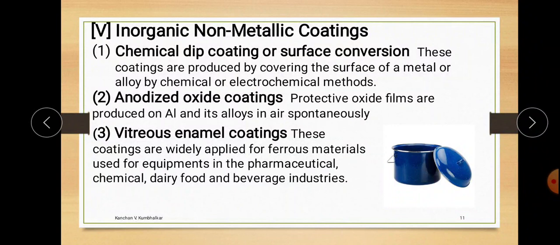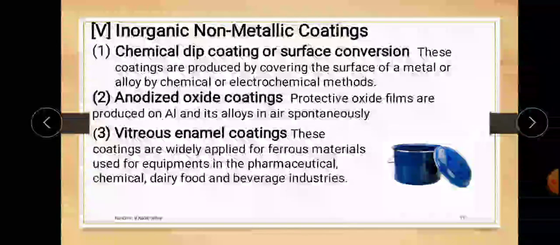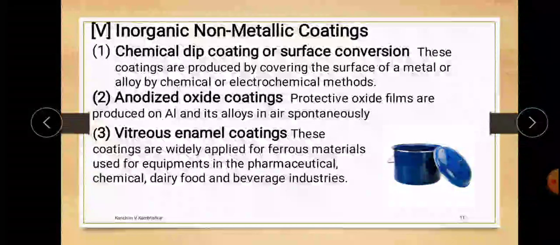In this coating, coatings are produced by covering the surface of a metal or alloy by chemical or electrochemical method. The metal is immersed in a solution of a suitable chemical which reacts with the metal surface, producing an adherent coating.